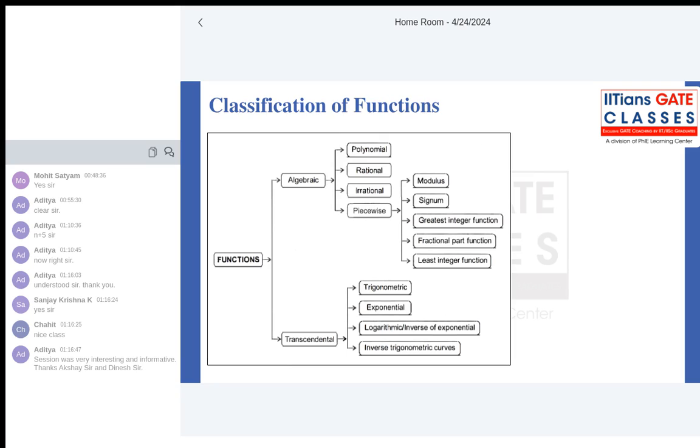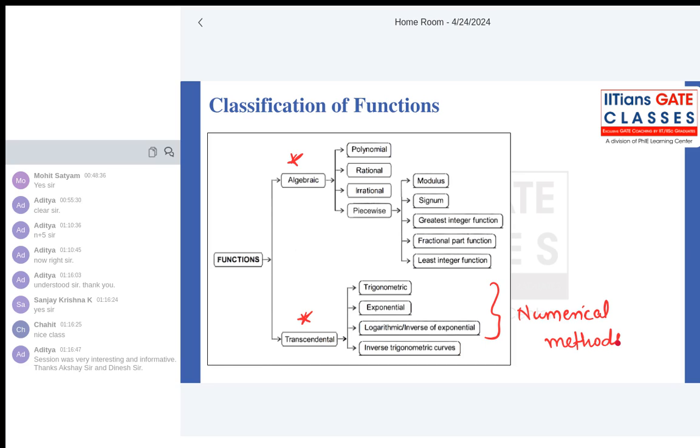Then this is a very famous tree diagram which highlights another classification of functions, where you classify them as algebraic and transcendental. Transcendental functions become important in your numerical methods topic, because there are no analytical solutions to integrate these functions, or no closed form solutions.